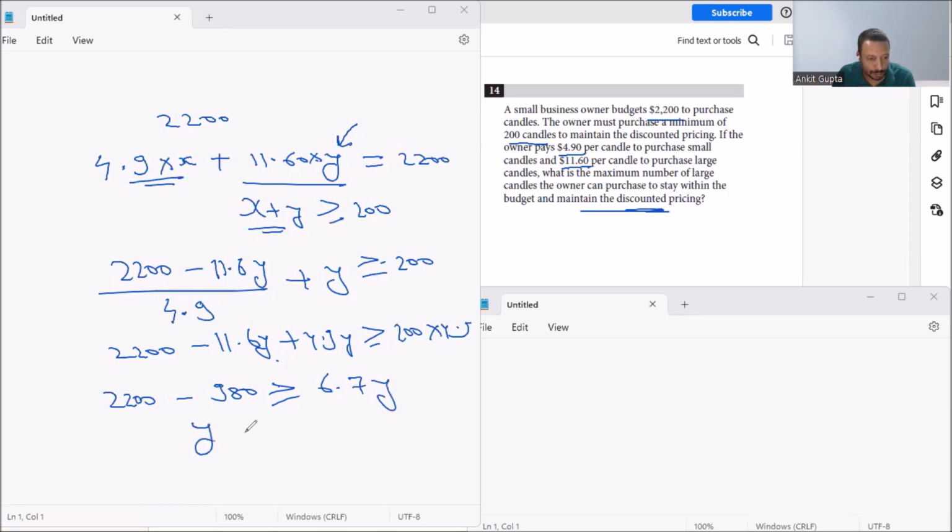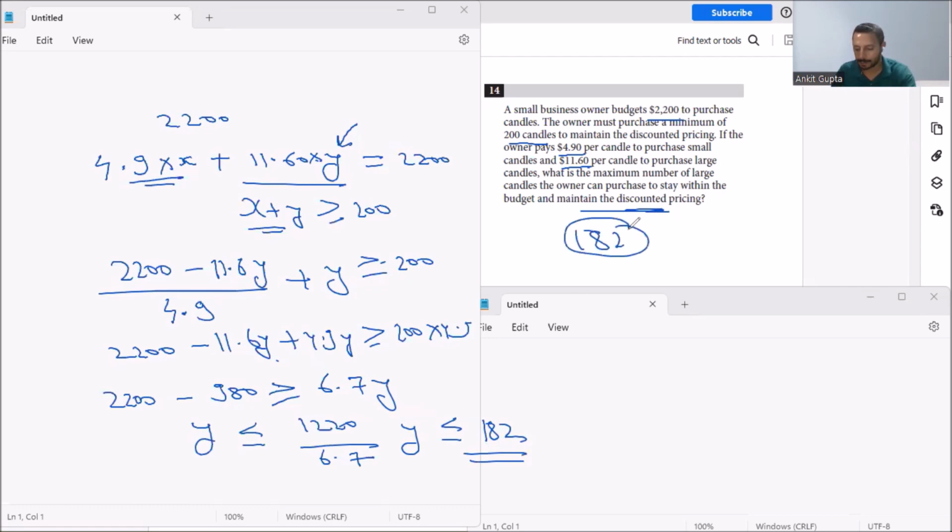That means y should be less than or equal to (2,200 minus 980), which is 1220, divided by 6.7. If we do 1220 divided by 6.7, we will get the value as 182, right? So y should be less than or equal to 182. That means the maximum number of large candles the owner can buy is 182 candles.